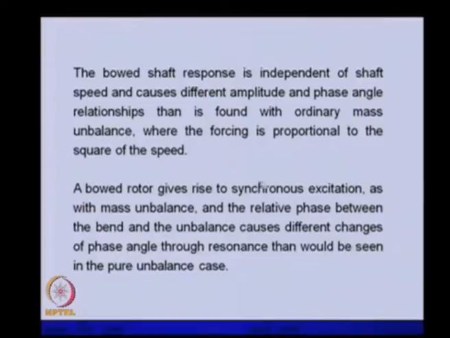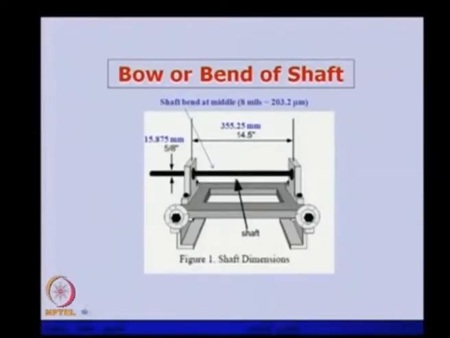A bowed shaft gives rise to synchronous excitation as with mass unbalance, and the relative phase between the bend and the unbalance causes different changes of phase angle through resonance than would be seen in the pure unbalanced case.